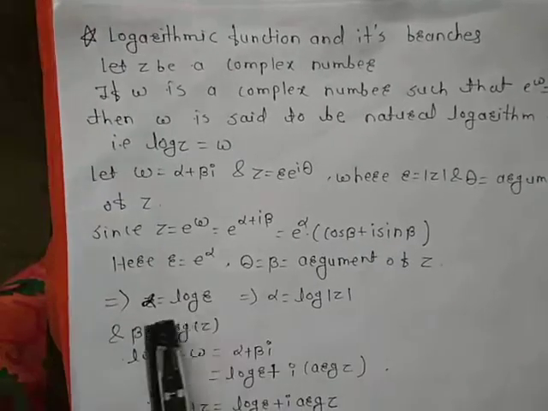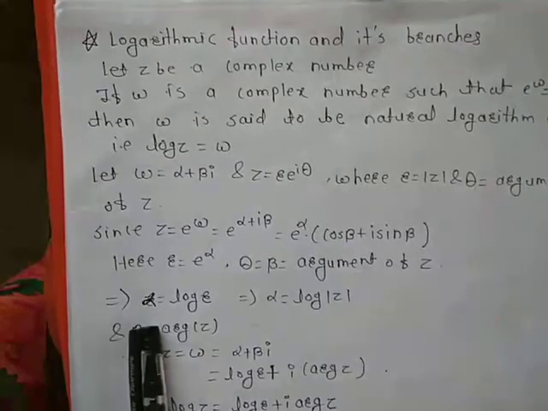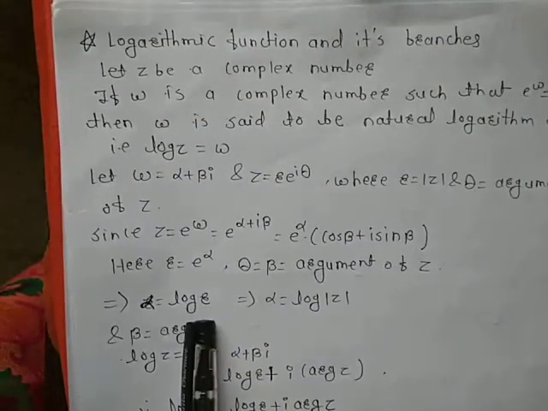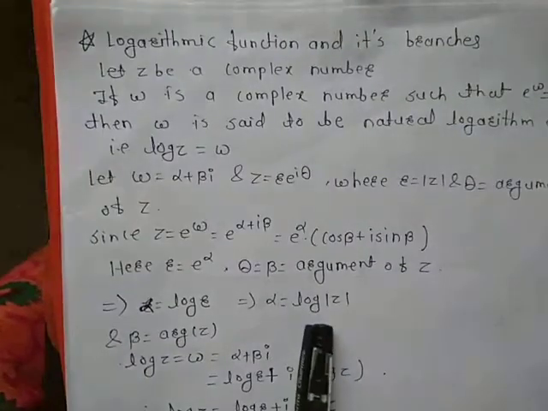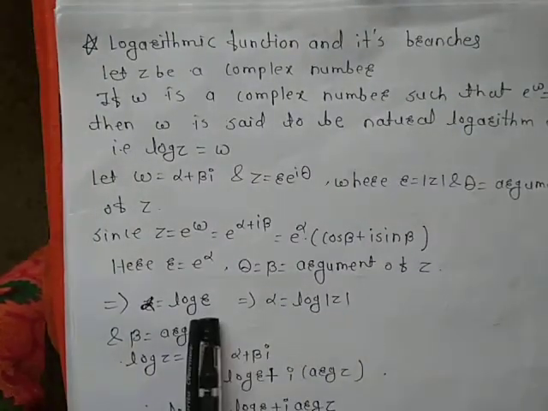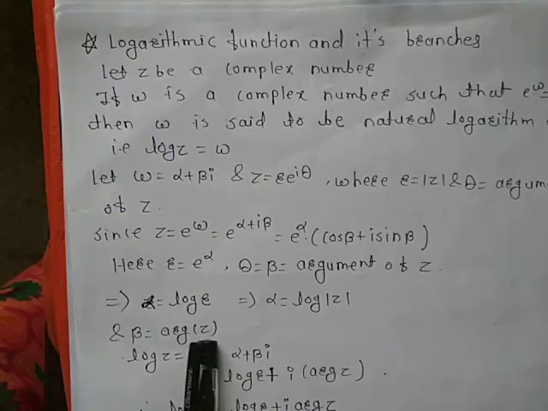Again, if we take log on both sides, we get alpha is equal to log r. That implies alpha is equal to log of modulus of z, since r means modulus of z, and beta is the argument of z.